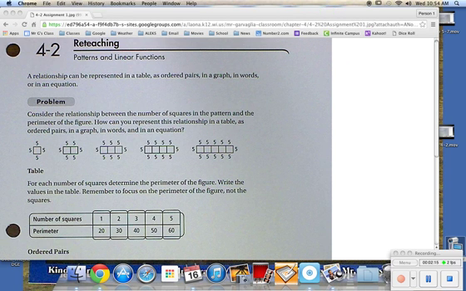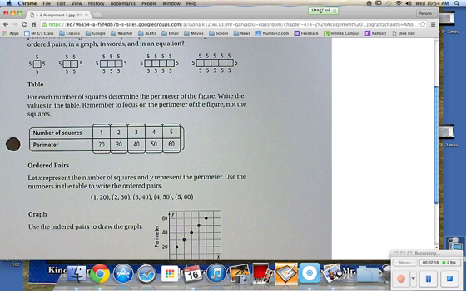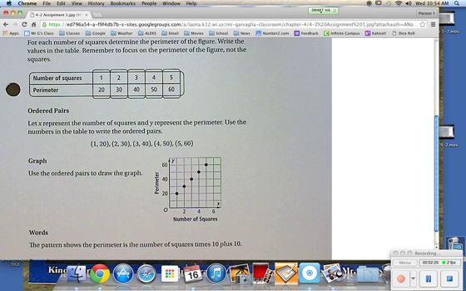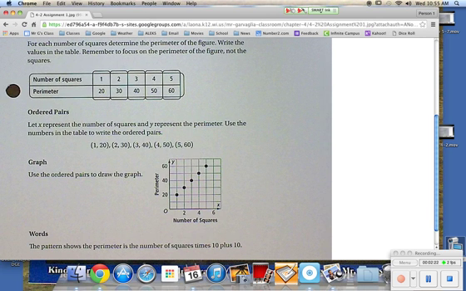Let's move down a little bit, and we'll look at our table that we created of number of squares with a perimeter. Next thing we're going to do is put these into ordered pairs. An ordered pair is always in the X, Y format.